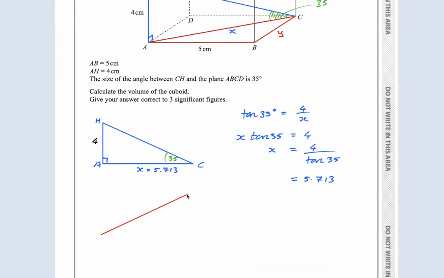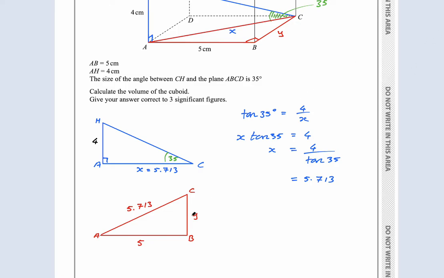Even though it doesn't look like a right angle triangle, it is, because that's a right angle here. Okay, this is y, this is 5, and this is x, which I know is 5.713.